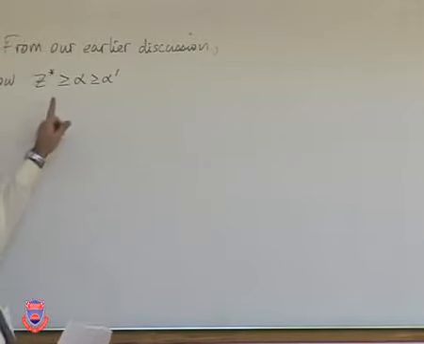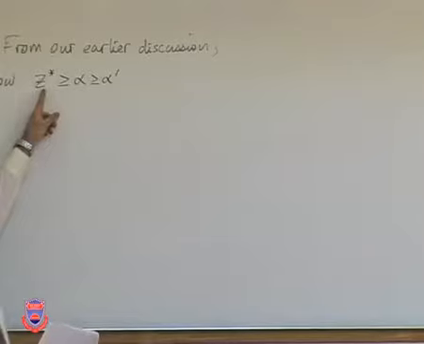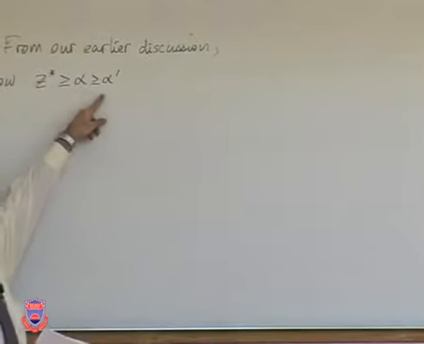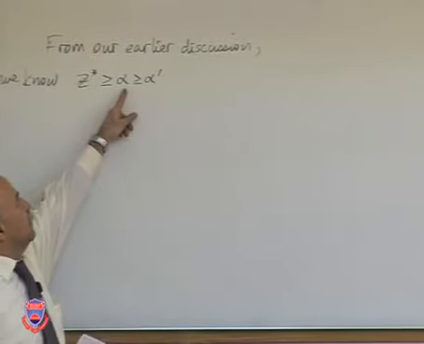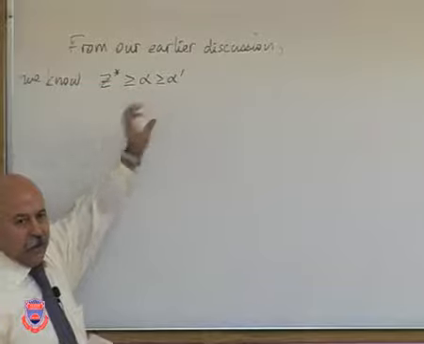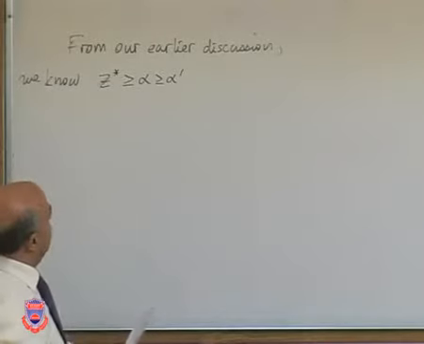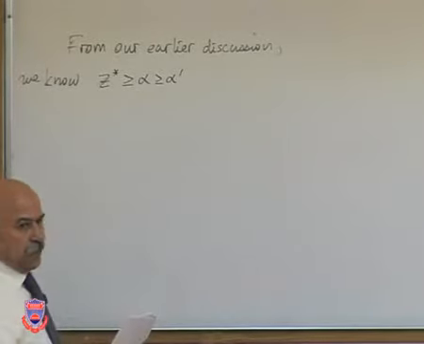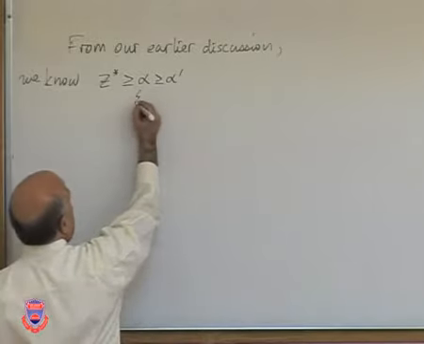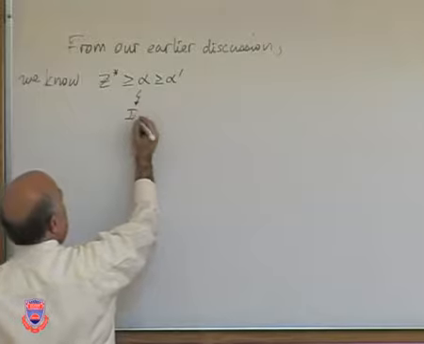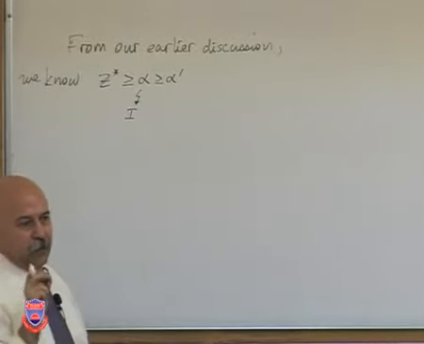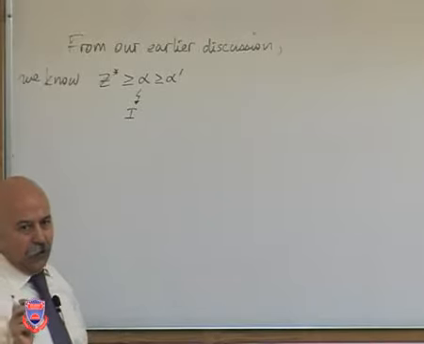So from our earlier discussion, we know that z star is bounded below by alpha, which is the version of alpha prime defined relative to all vertices rather than the restricted set of vertices. Anybody remember this? Alpha was defined relative to the set of indices I, where that contains the indices 1 up to n, all vertices.